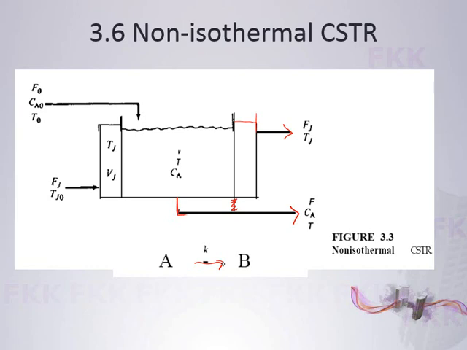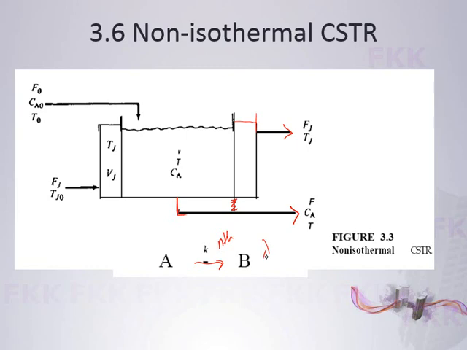An irreversible exothermic reaction is carried out in a single perfectly mixed CSTR as shown in figure 3.3 on page 47. The reaction is nth order in reactant A, and it has the heat of reaction lambda.